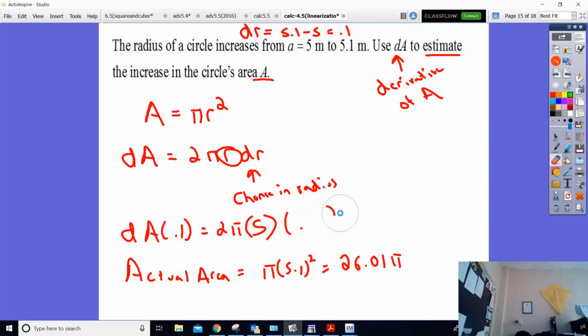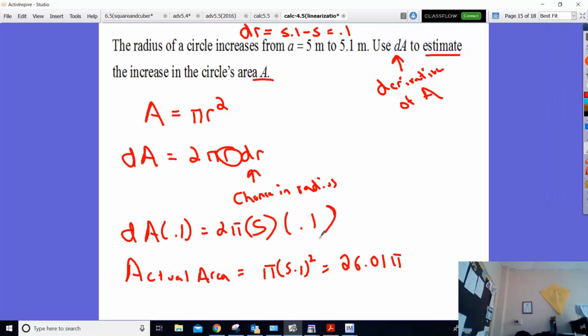Not 5.1, 5, because it changes on the last part. Okay. Anyways, that's pi.